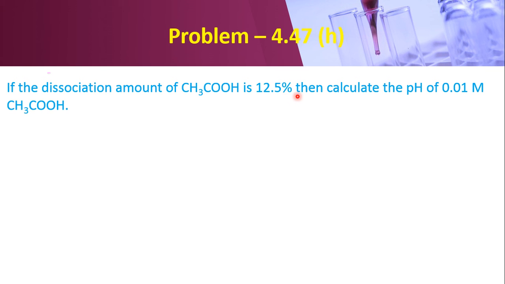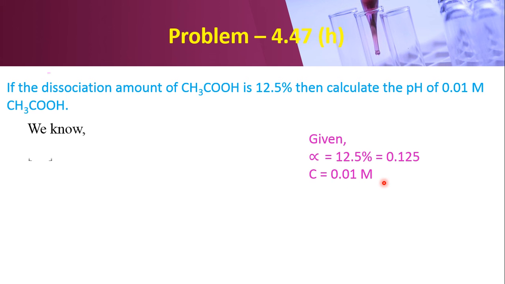Here the degree of dissociation is 12.5%, that is 0.125, and the molar concentration is 0.01 molar. We know the concentration of hydrogen ion equals the degree of dissociation times the molar concentration, alpha C. So from there we get the concentration of hydrogen ion equal to 1.25 into 10 to the power minus 3.